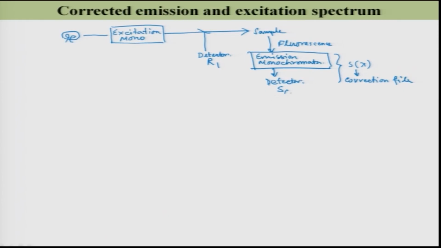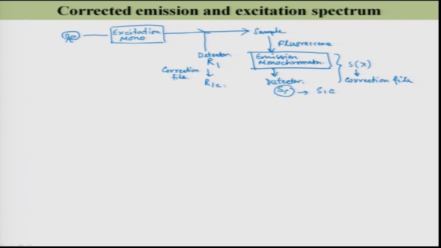So this S1 signal becomes S1C, the corrected one. Similarly, you will have a correction file for this R1 detector, isn't it? After the correction file, you will get R1C.